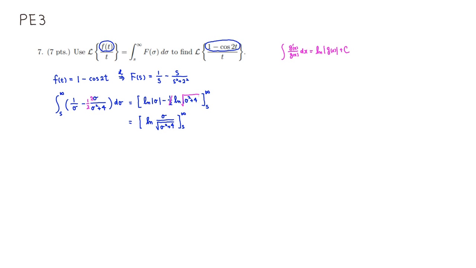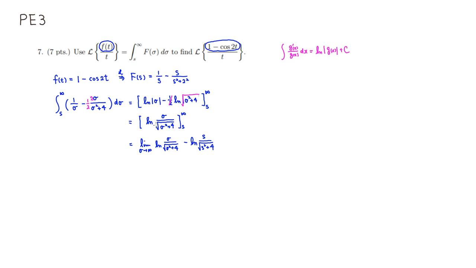Now we actually have to take the limit as sigma goes to infinity of the natural log of sigma over the square root of sigma squared plus 4, minus the same expression with s plugged in: natural log of s over the square root of s squared plus 4.